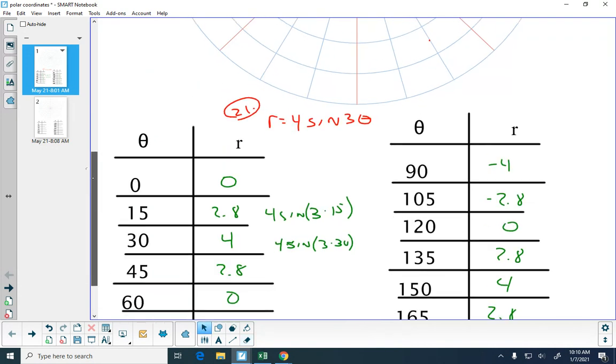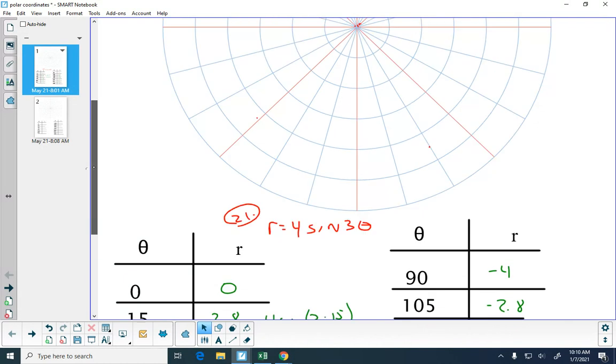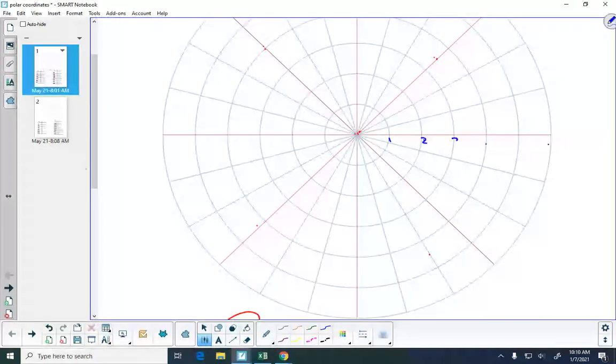So we look at how big our values are, so we can't space this out like we did before, where I went, this is 1, this is 2, this is 3, because my graph wouldn't be big enough. Your graph was a little bit bigger, so you could probably space it out. I'm going to have to go, this is 1 unit, 2 units, 3, 4, and 5.